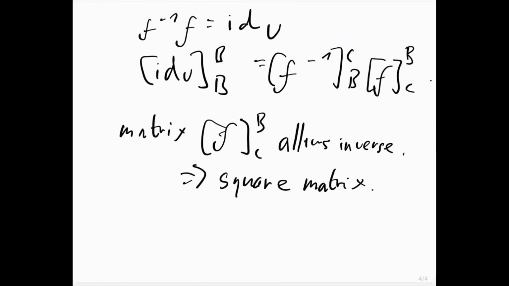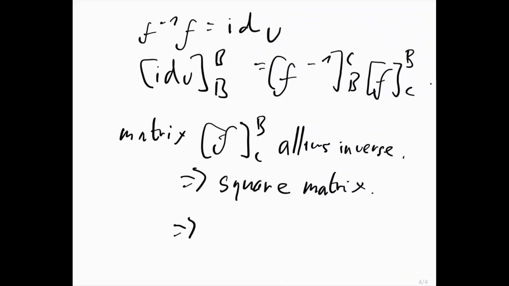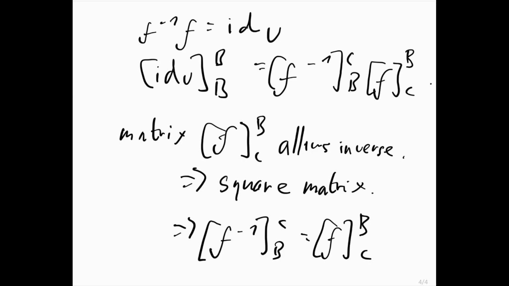All right, and therefore F inverse from C to B is actually the matrix of F from B to C, with the order switched, all of that inverted.